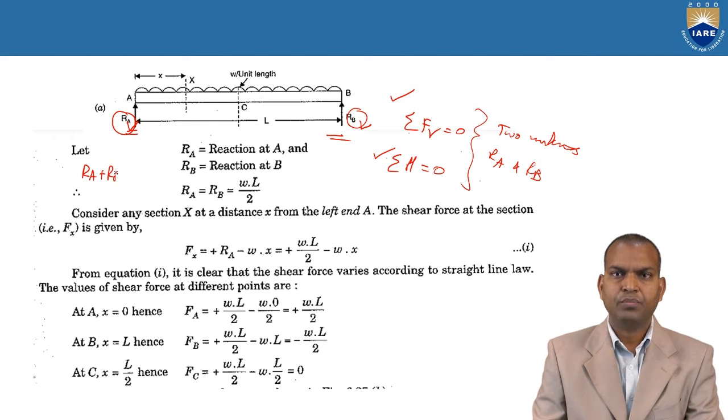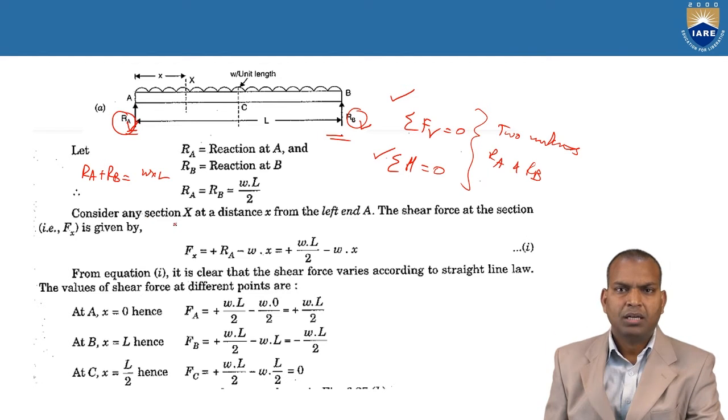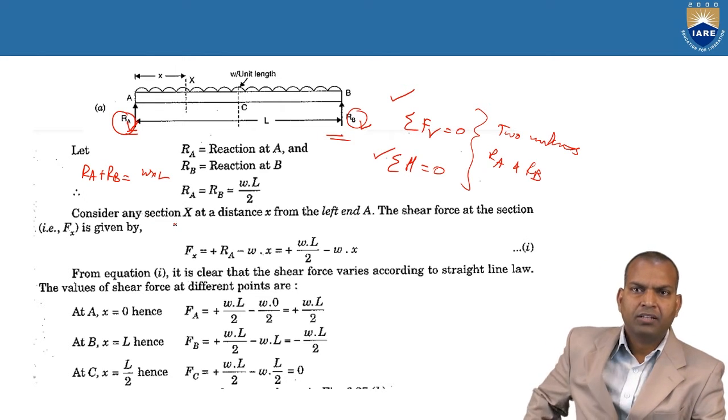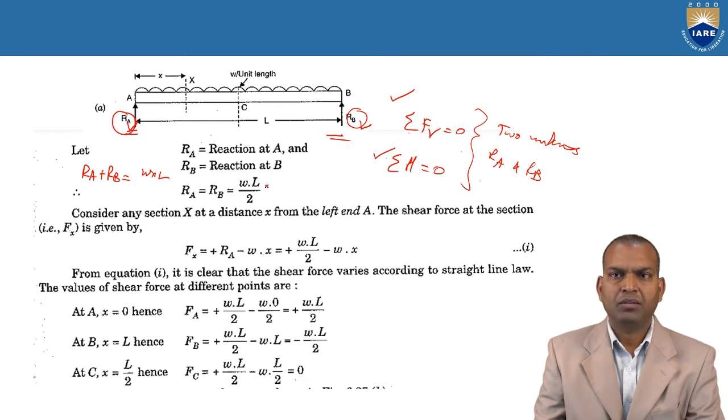RA plus RB equals the total load, that is w into L. Here both are acting at equal distances, so RA equals RB equals wL by 2.